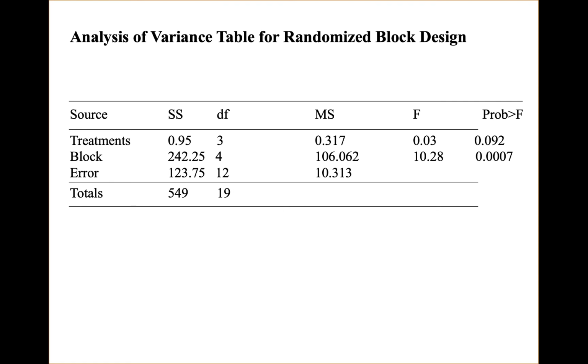So it is a good thing that we stratified by weight and blocked those goats based on weight. This is what an analysis of variance table would look like for a randomized block design. It would have 2 probability values. Keep in mind that it would only have 1 probability value for a completely randomized design.